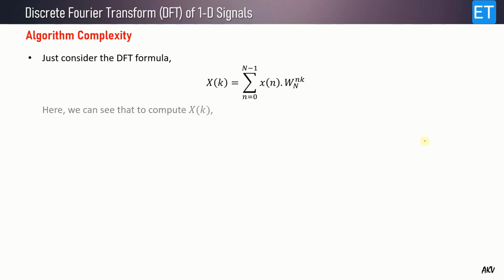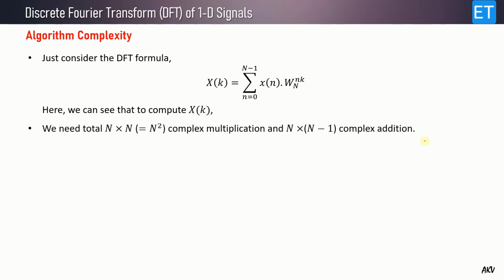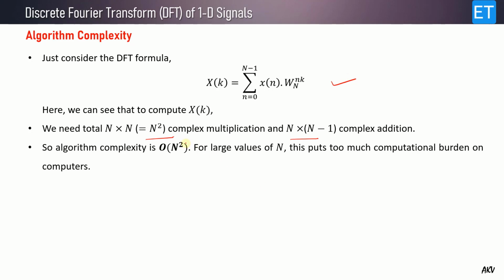To compute the n points of Xk, you need a total of n square complex multiplications and n into n minus 1 complex additions. So obviously the algorithm complexity is O(n square). For large values of n, this puts too much computational burden on computers, because the computation grows with n square. When you increase the value of n, the computer needs lots of time to compute these DFT values.